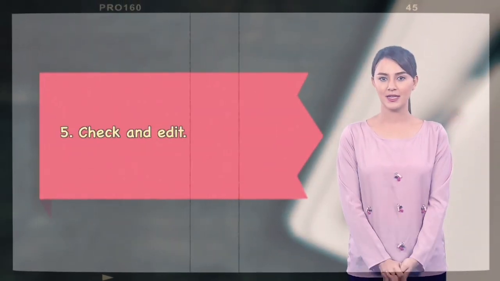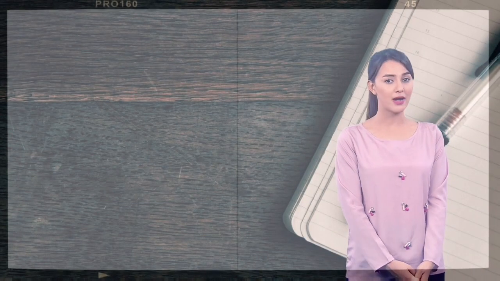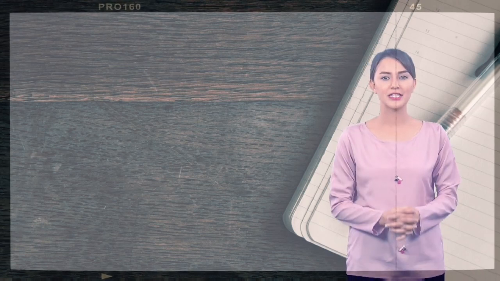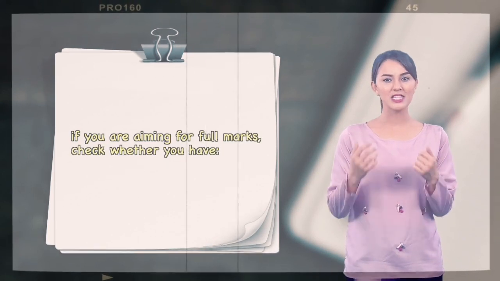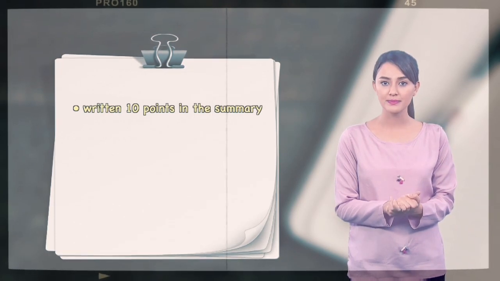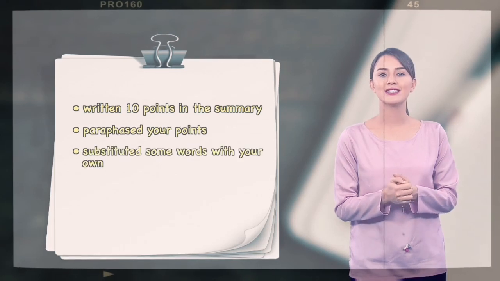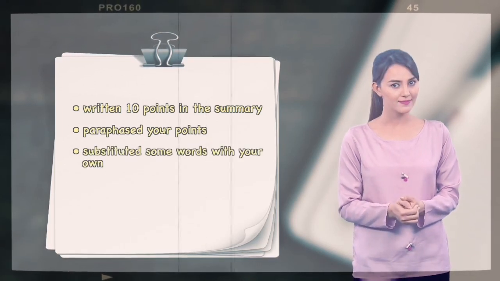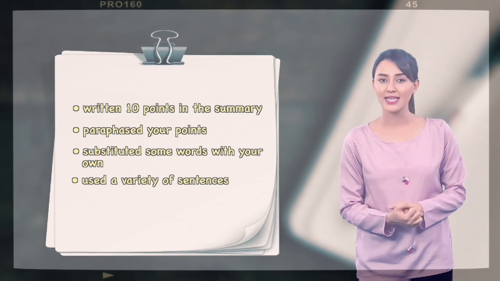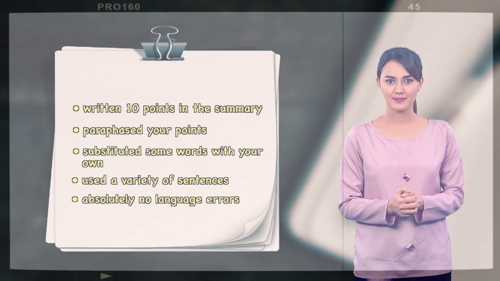5. Check and edit. After writing, make sure you allocate a bit of time to check your answers. Remember the criteria that markers are looking for. If you are aiming for full marks, check whether you have written 10 points in the summary, paraphrased your points, substituted some words with your own, used a variety of sentences, and made absolutely no language errors.